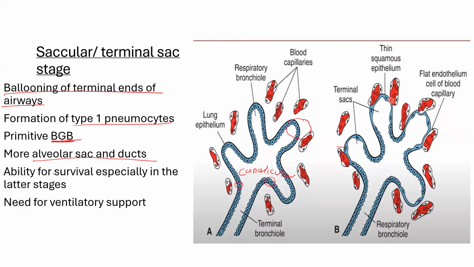The fetus will survive in this stage, especially in the latter stages, even without ventilatory support. They might survive on their own. Depending on the amount of surfactant which has been produced, if it is much, they can survive without ventilatory support. If the surfactant amount is less, they need ventilatory support.